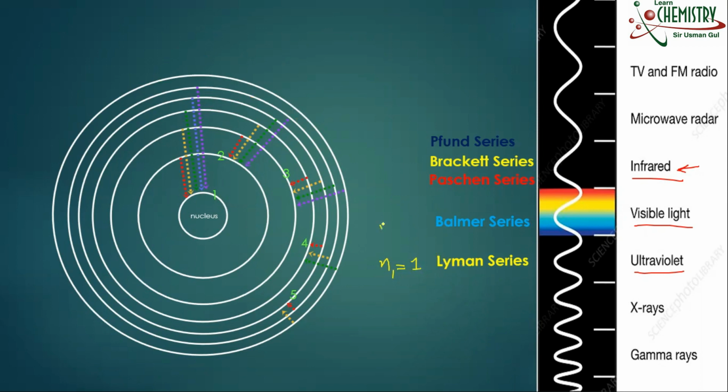When n1, our lower energy level, is 2, we get the Balmer series. When the lower energy level is equal to 3, we get the Paschen series. When the lower energy level n1 is equal to 4, we get the Brackett series. And when the lower energy level is equal to 5, we get the Pfund series.